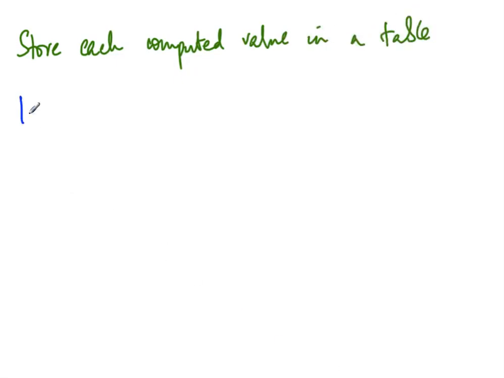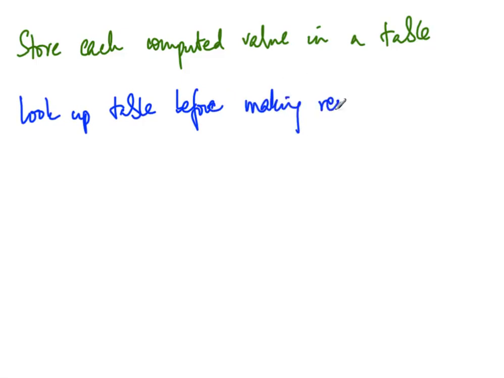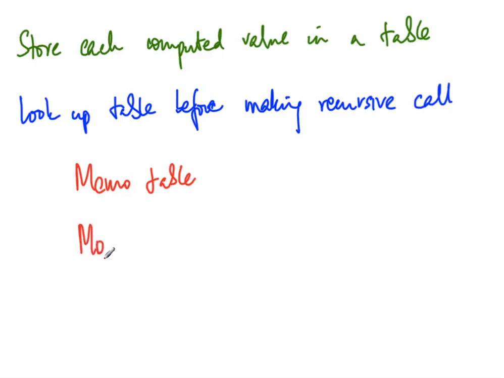And what you do is you look up the table before making a recursive call. So before you recompute, before you make an explicit recursive call, you first see if the value is available in your table. Okay? So this table is usually called a memo table, and this strategy, which evaluates every value of every subproblem exactly once and then stores it in a table and looks it up, is therefore called memoization.